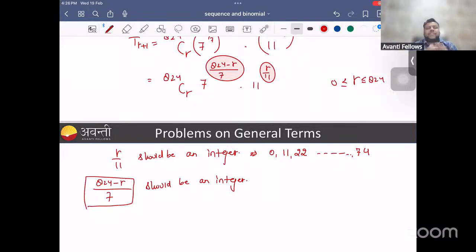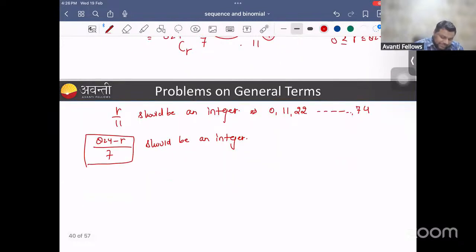This is a bit tough. So let's do one thing. Divide 824 by 7. 7 times 117 is 819, plus 5.